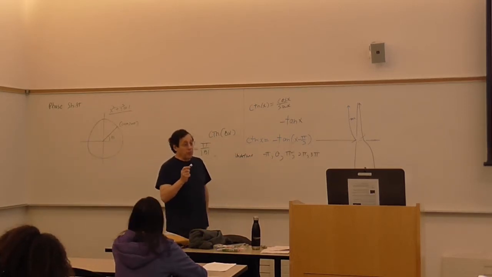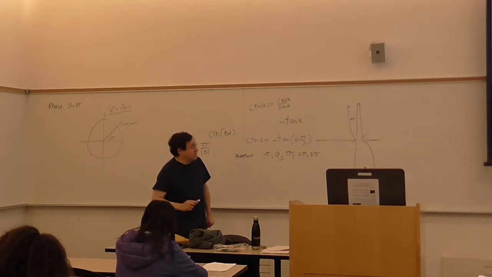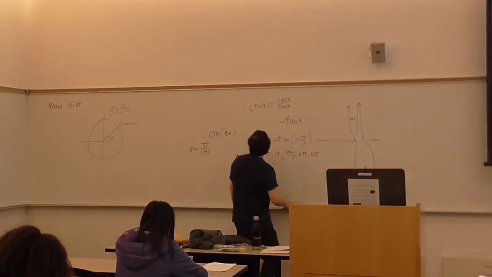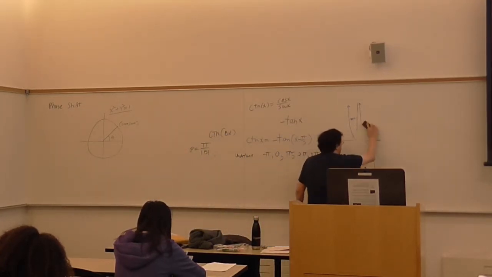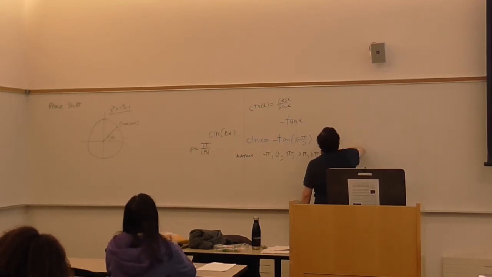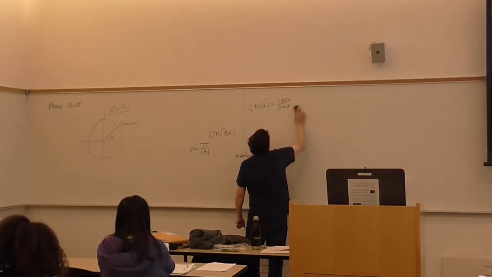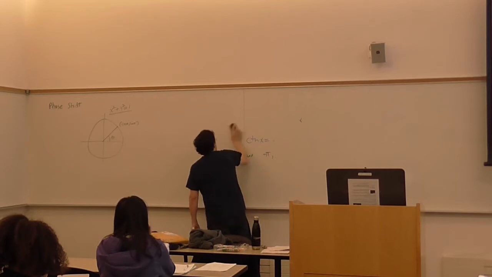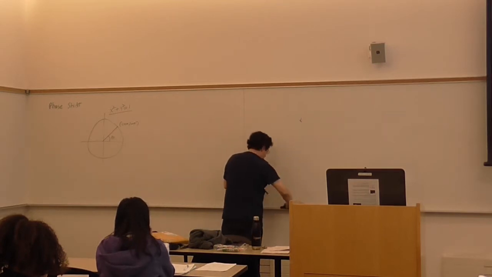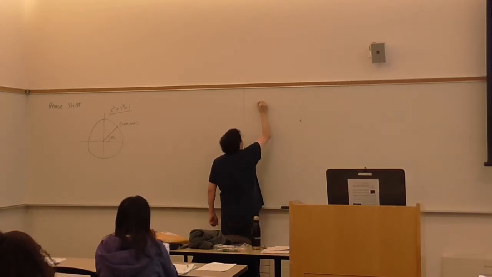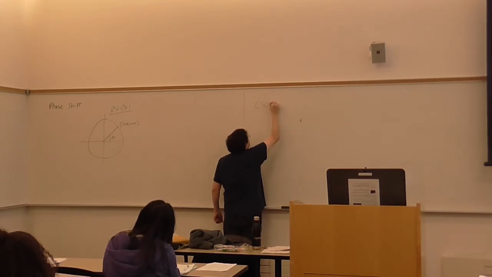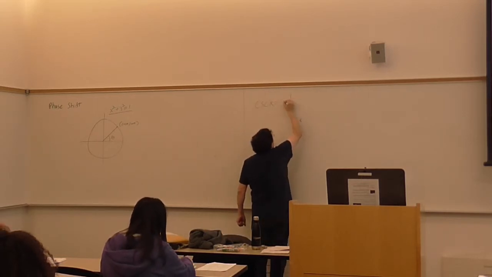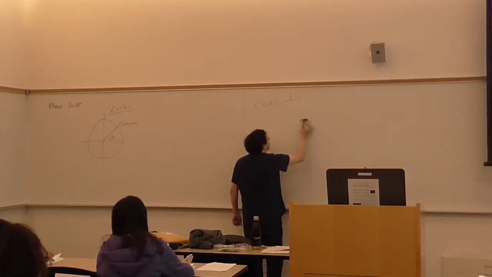We're going to see another one right now. So let's look at, out of order, the cosecant function, which is 1 over which function?